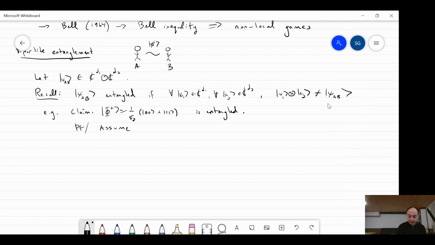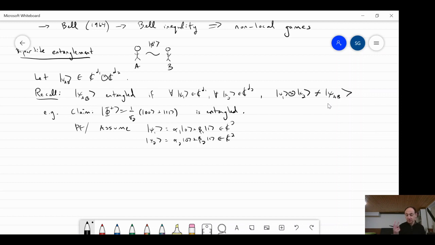So assume psi 1, and let me just write it. We're working on a 2-qubit space, so I'm just going to assume that my states look like this. It's going to be alpha 1 |0> plus beta 1 |1>. I only need 2 basis vectors, that's why I'm mentioning this. So this is in C^2. And psi 2 is alpha 2 |0> plus beta 2 |1>.